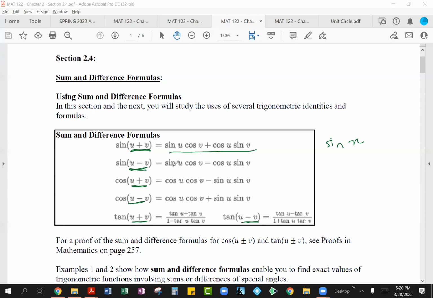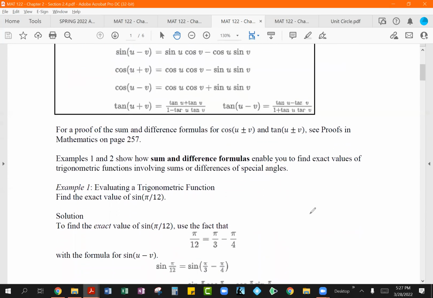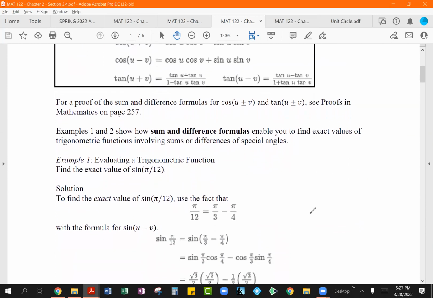And then you have this formula for how you simplify a given function where you have the plus and the minus sign. We will not have too much time to spend on this, but I just want to show you at least a beginning example to get you thinking about this.